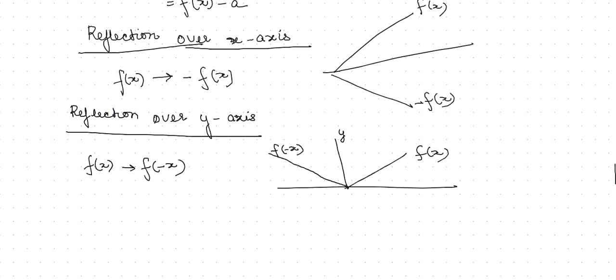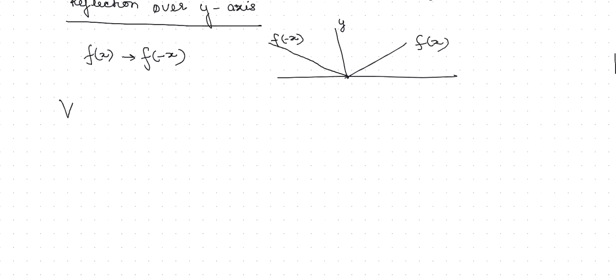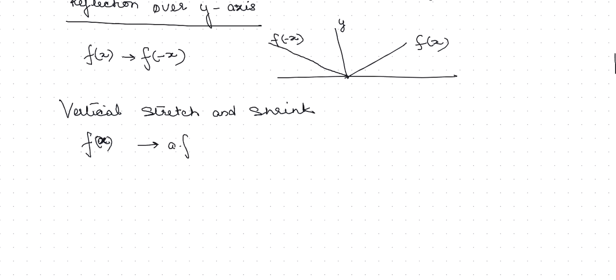Then we can take a vertical stretch and shrink. Suppose there is a function f(x), and if it is stretched vertically by a factor of a, then the whole function is multiplied by a.